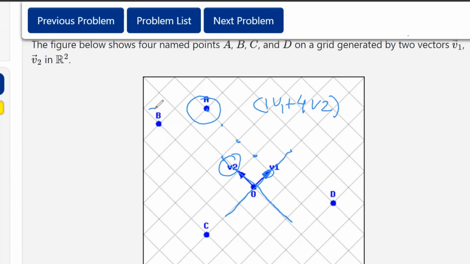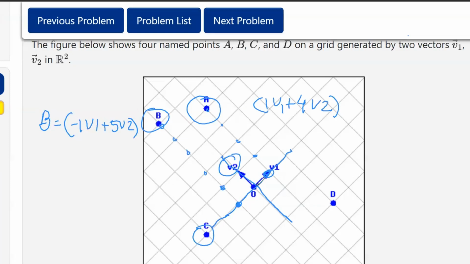What about B? For B, you can see this line is -1 for V1. So B is equal to -1 V1, and then 1, 2, 3, 4, 5, plus 5 V2.